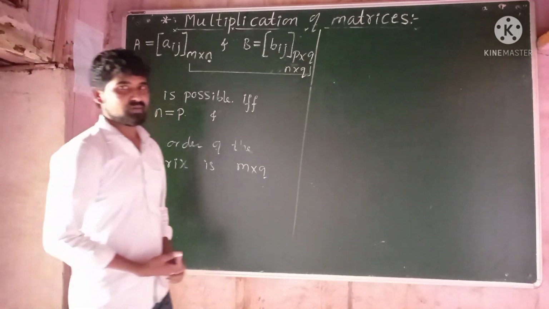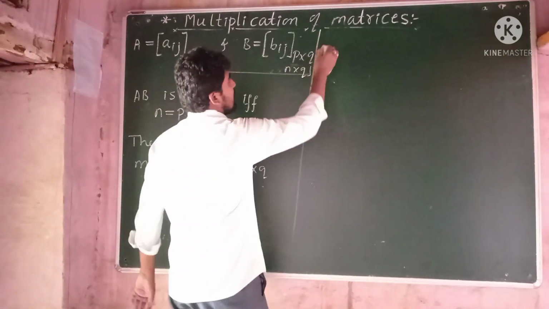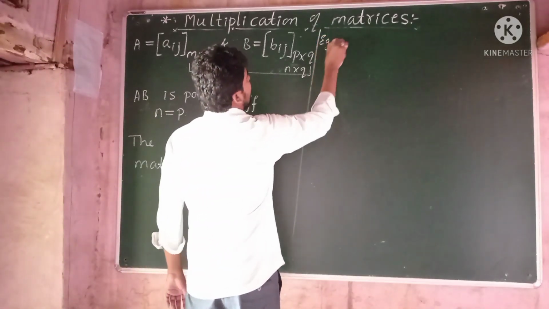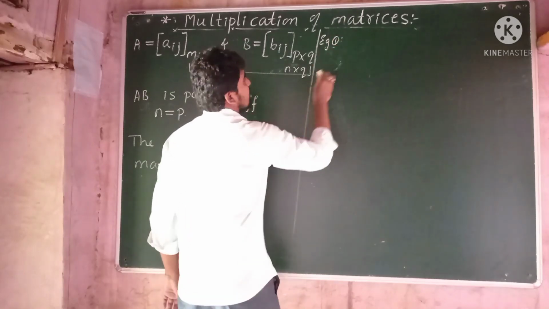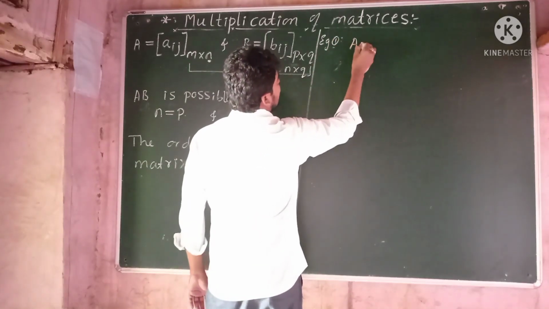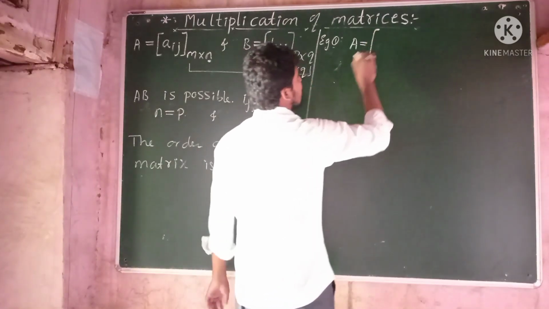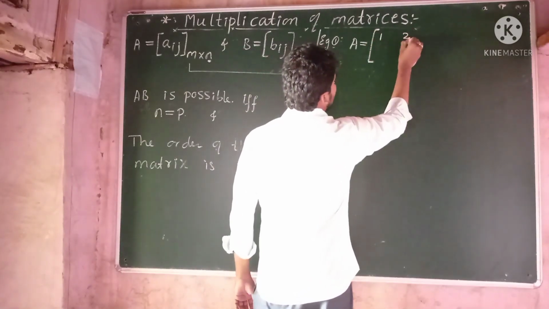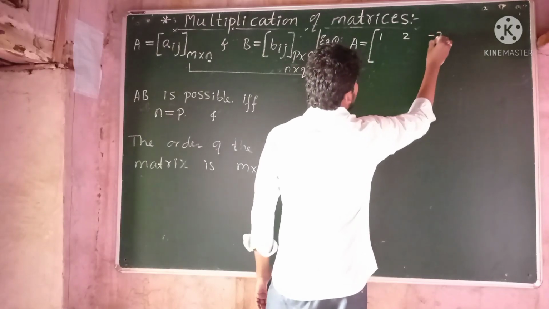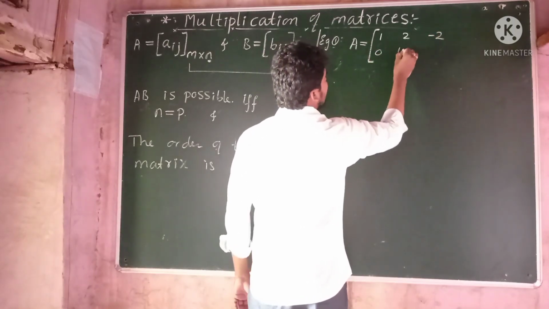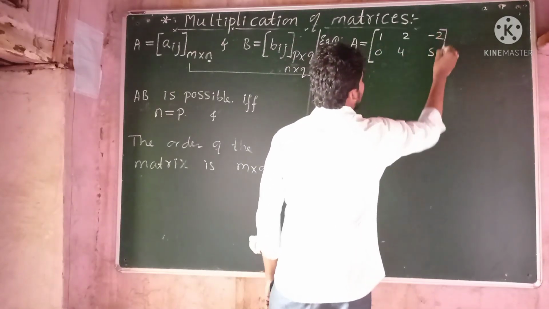Let us consider an example. Let A be a matrix whose elements are 1, 2, -2, 0, 4, 5.